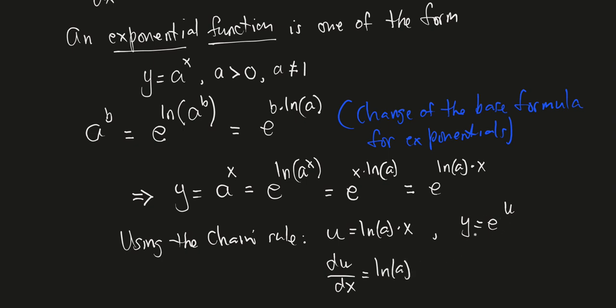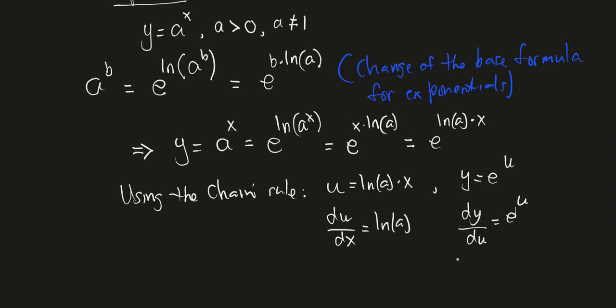And then when I differentiate my e function, again, using the result that we stated earlier and one that we've used many times now, the derivative of y with respect to u is e to the u. So then, putting this all together, dy dx is the product of the dy du times du dx.